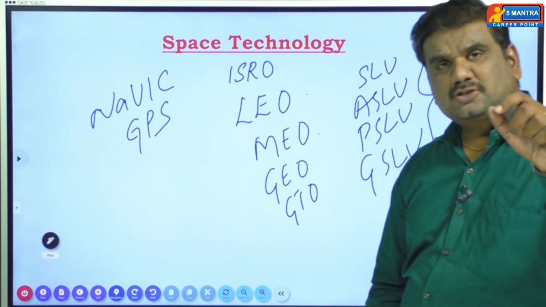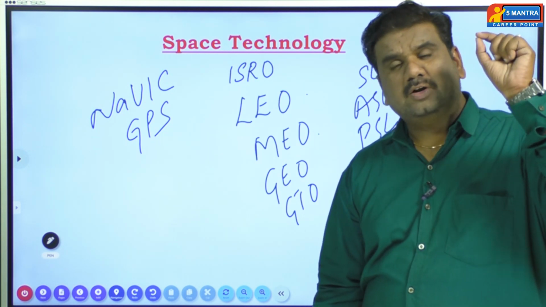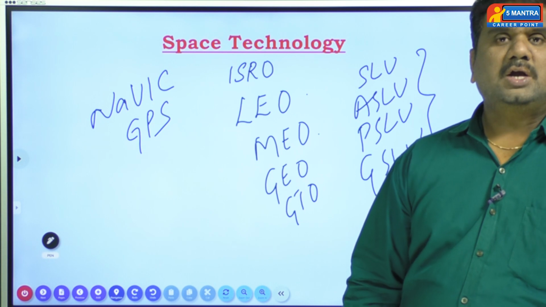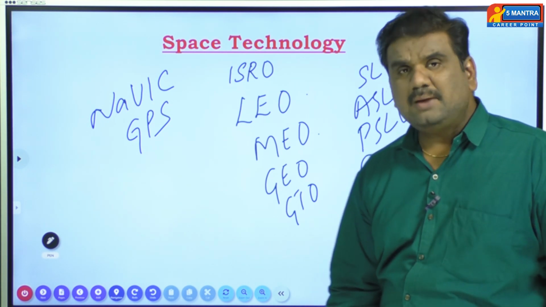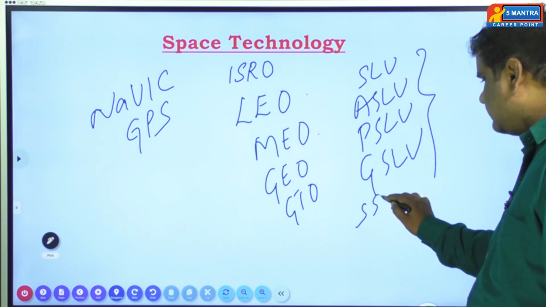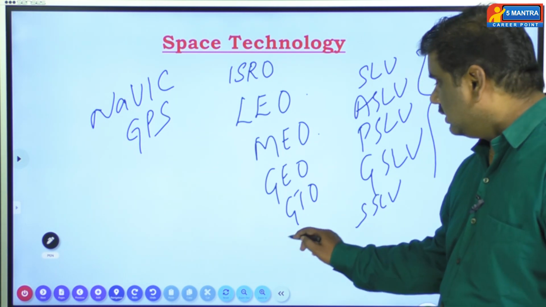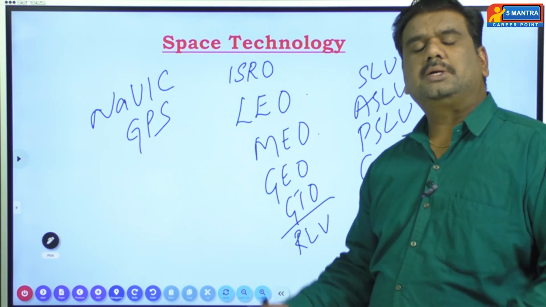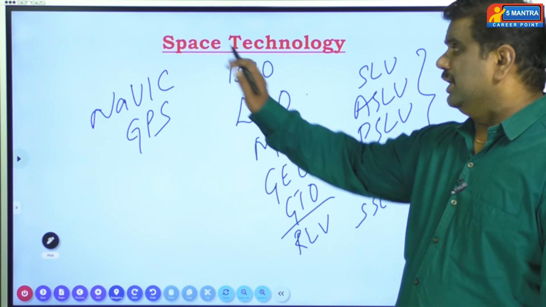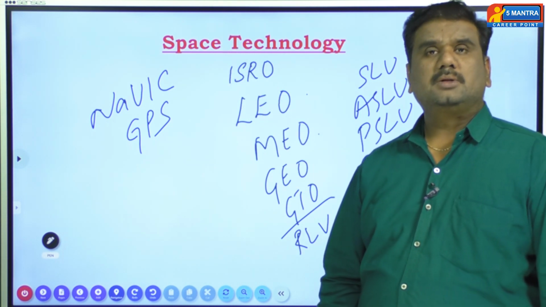At the same time, in case of PSLV, what are the different variants that we have in PSLV? What are the different variants that we have in GSLV? At the same time, the upcoming one, SSLV, or else the reusable launch vehicle, RLV. So what are all these particular things? This is what we are going to discuss in case of your space technology.